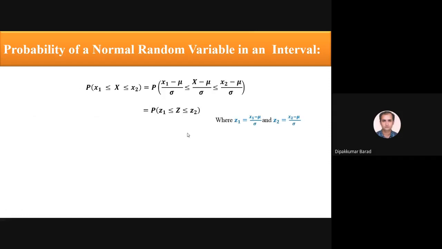And you can see that if you have to find P of x between x1 and x2, it is exactly the same as P of z between z1 and z2. So here z1 is x1 minus mu upon sigma, and z2 is x2 minus mu upon sigma.